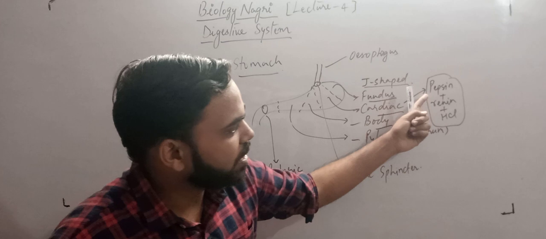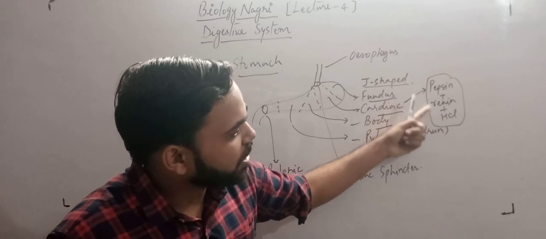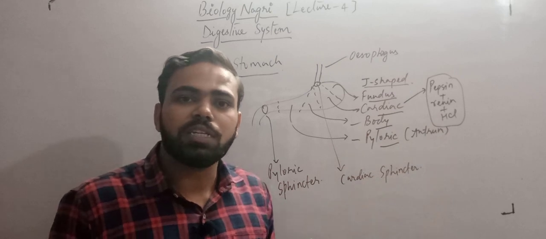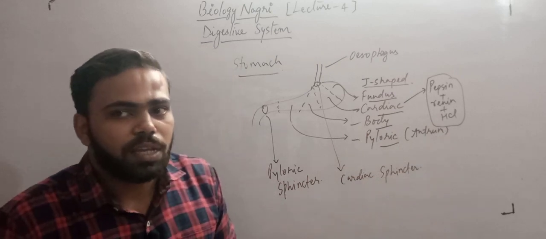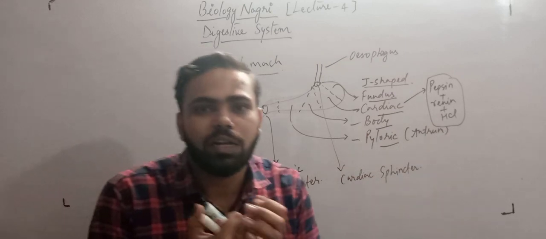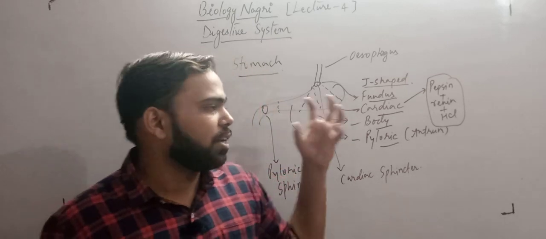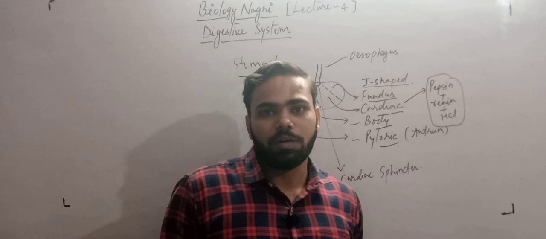We are familiar with these 2 gastric protein-digesting enzymes, pepsin and renin. These 2 enzymes go on to digest protein when the protein comes into the stomach.